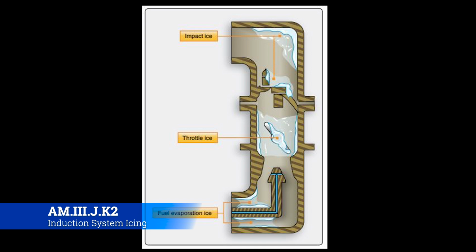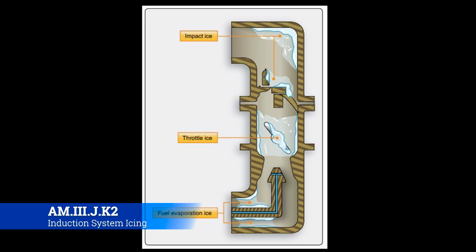Which means if that air is on the cusp of starting to freeze, you give it that little extra push for throttle ice to start to form, and this could be really dangerous because it's going to cause that throttle plate to stick in place, if not just cut air off entirely to your engine.